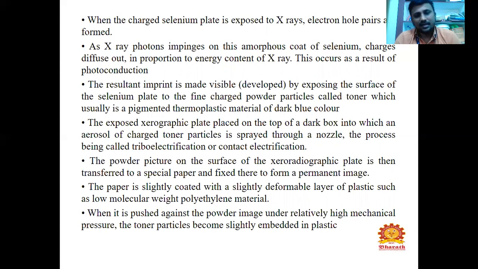The paper is coated with a slightly deformable layer of plastic, such as a low molecular weight polyethylene material. When it is pushed against the powder image under relatively high mechanical pressure, toner particles become slightly embedded in the plastic.